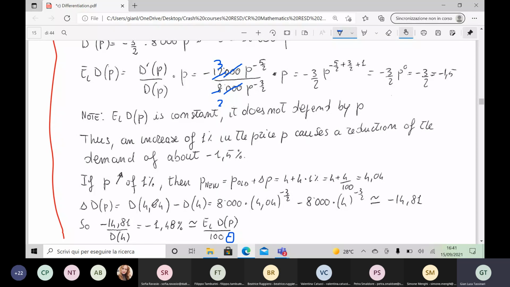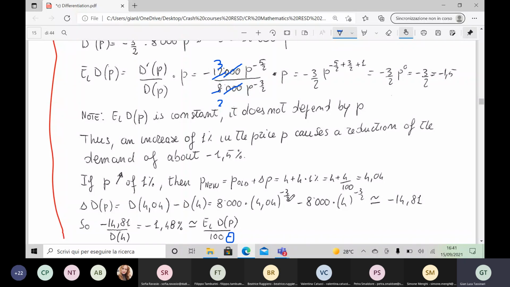Well, I wrote delta D is given by the demanded quantity when the price is 4.04 minus the demanded quantity when the price is 4. So you have simply to insert into the function. The demanded quantity was 8,000 times P to the minus 3 over 2.